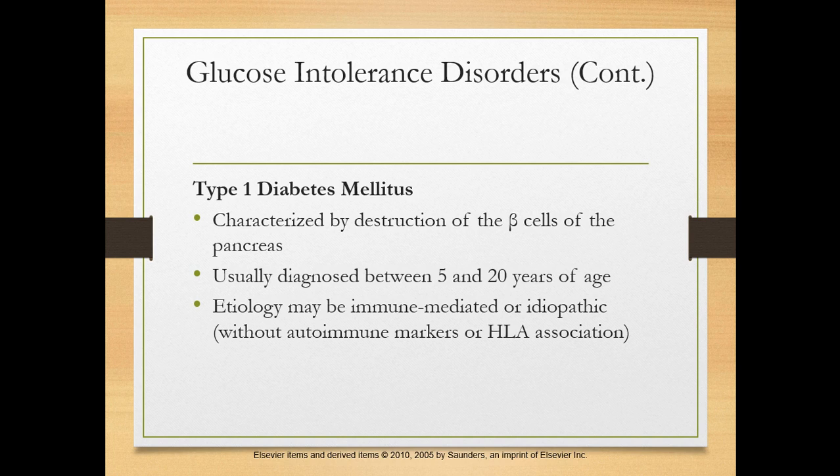This particular type is usually diagnosed between ages 5 to 20 years of age. Sometimes people used to call this juvenile type of diabetes because most diagnoses do happen in younger years. The etiology may be immune mediated or idiopathic without any autoimmune markers or HLA association.